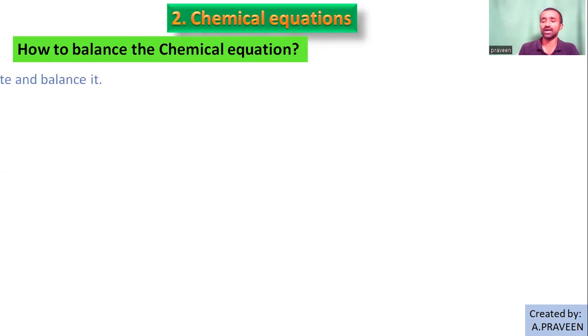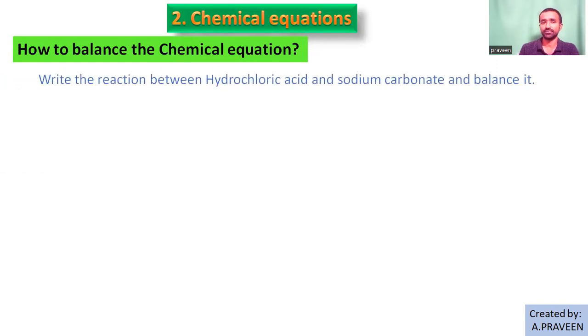So here, first we write the reaction. For example, hydrochloric acid and sodium carbonate react and we balance that. The question is: write the reaction between hydrochloric acid and sodium carbonate and balance it. Then what to do? We will follow the steps.